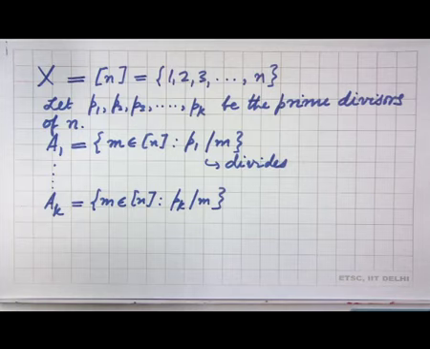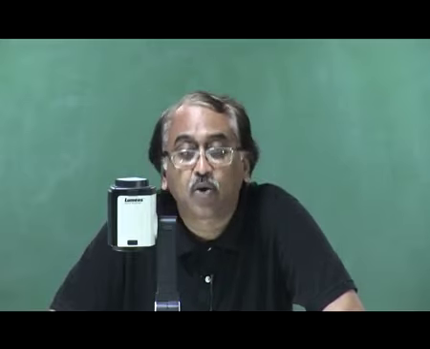If it's not in AK, then PK isn't dividing it. Therefore, if it is in the complement of the union of the AIs, that number is divisible by none of the numbers P1 to PK. But there's no other prime that divides n. Because there is no other prime that divides n, therefore this number must be co-prime to n.